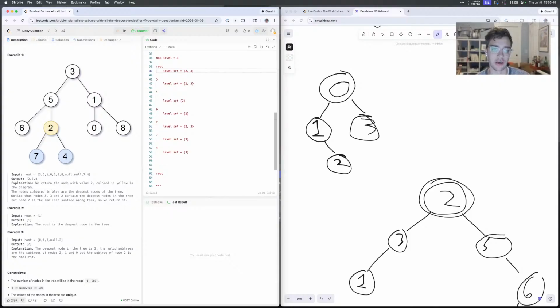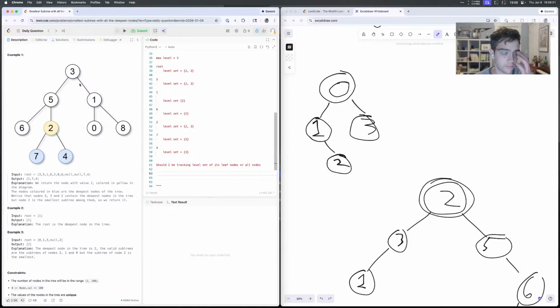Am I tracking the level set of the leaf nodes, or all nodes? Seems like maybe the leaf nodes.